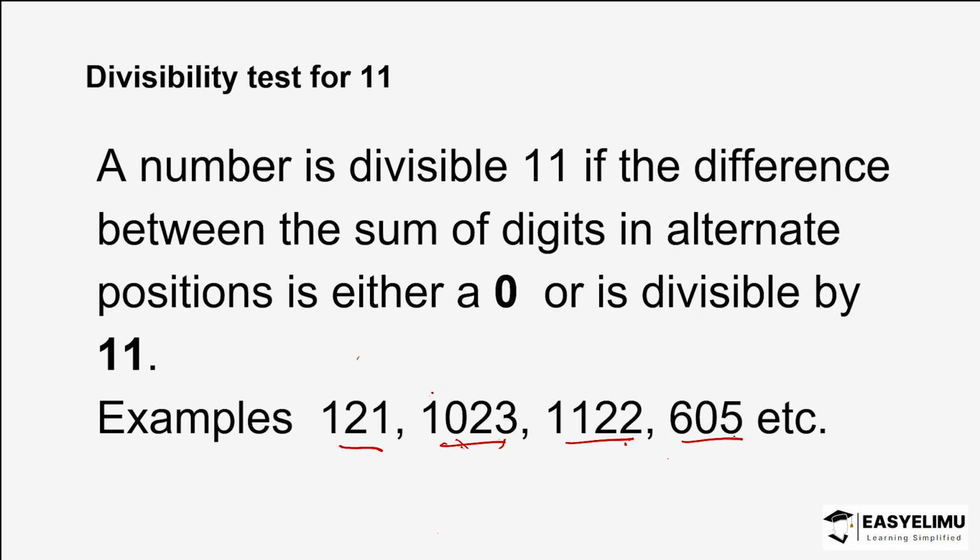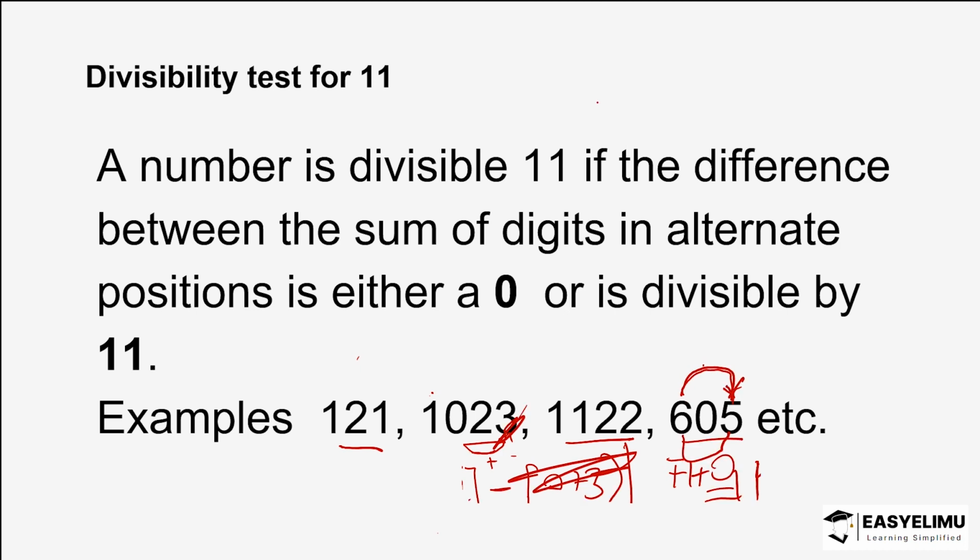We have 605. If you pick 605, you skip 0, you move to 5, and you sum them: adding 6 to 5, we get 11.